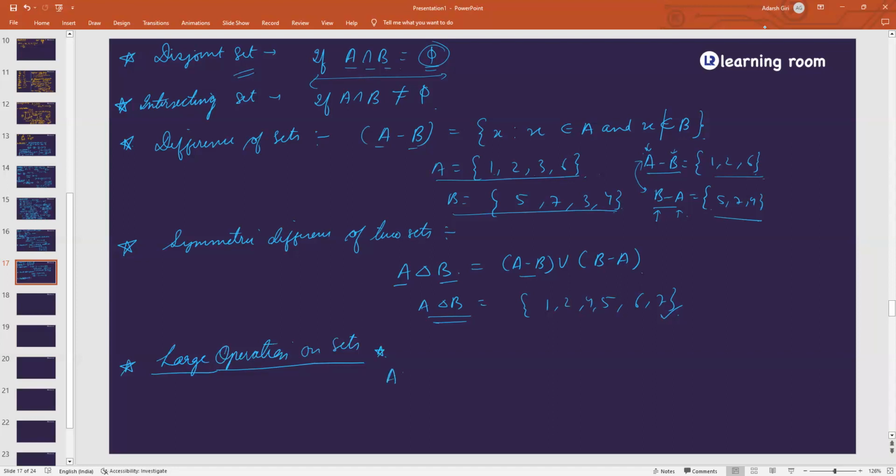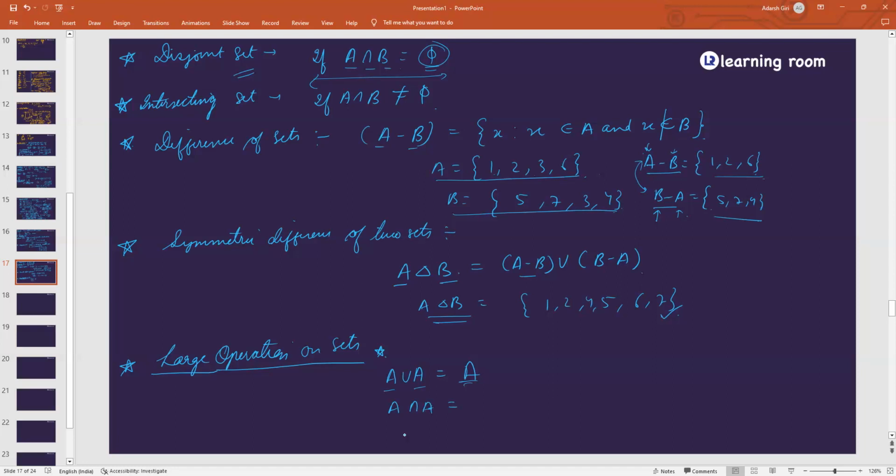If I say A union A, that means we have some set A and I make the union of it with itself. What will I get? I'll get A only, isn't it? Agree, everyone? Yes, sir. Union of itself, I'll get the same set. And A intersection A, what will it be?